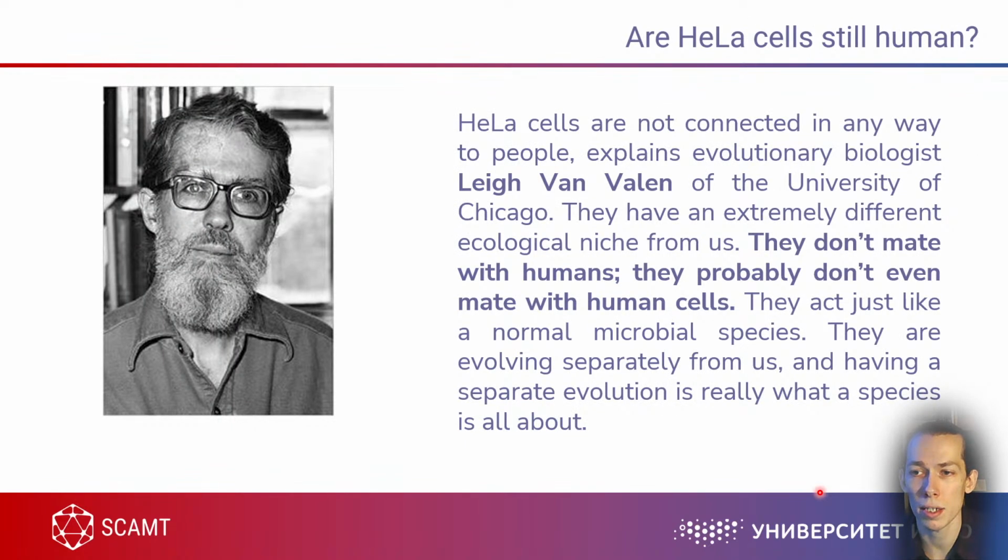But the question is how close the cells are to human cells. It's already more than 60 years past, and because of these telomeres, well, everything in nature is for some purpose, and telomeres are definitely for some purpose too.